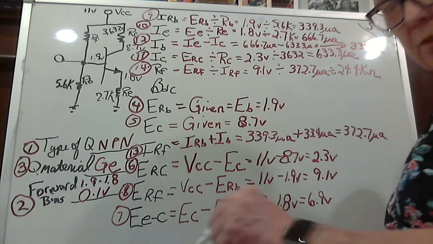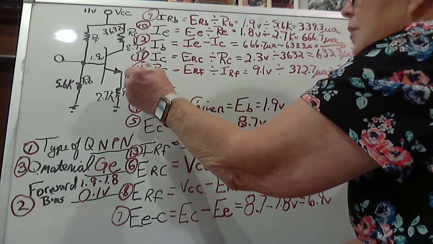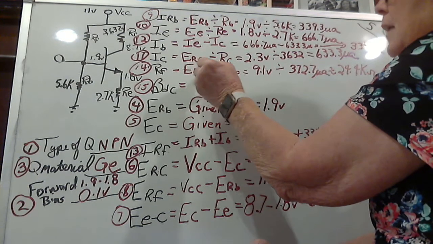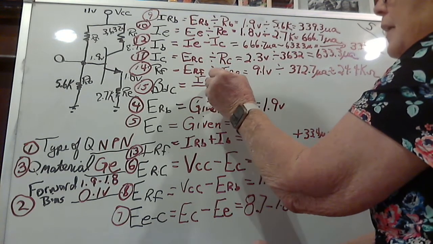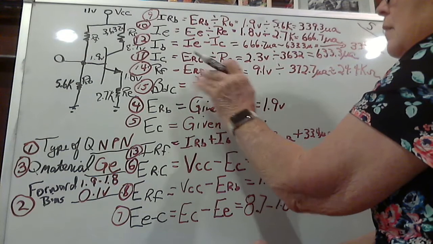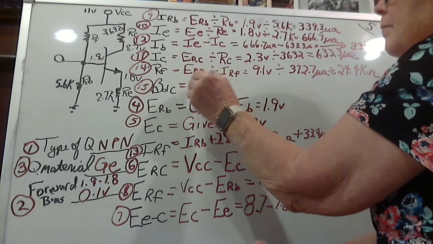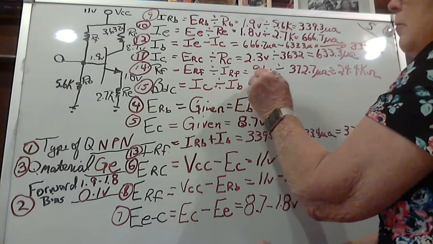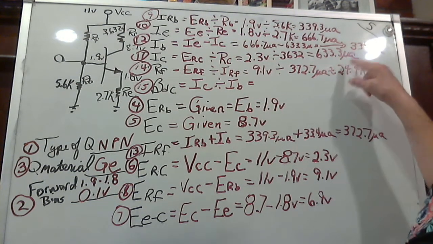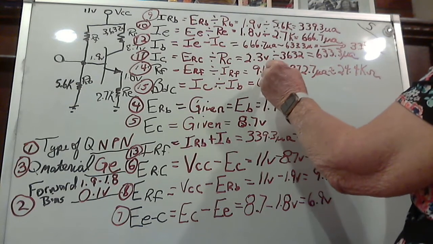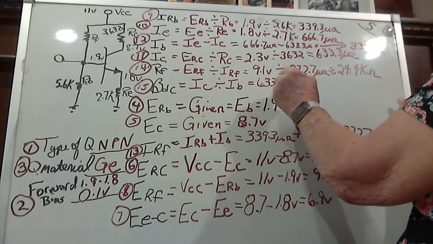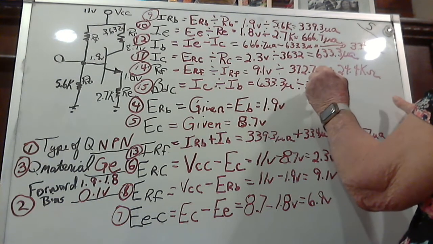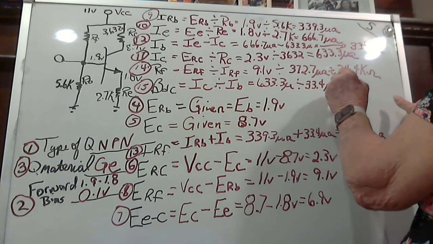And then the last one we don't have is number 15, and that's our beta. We remember the formula from some of the other videos was my collector current divided by my base current. So my IC, we said earlier, was 633.3 microamps. And that will be divided by that 33.4 microamps.